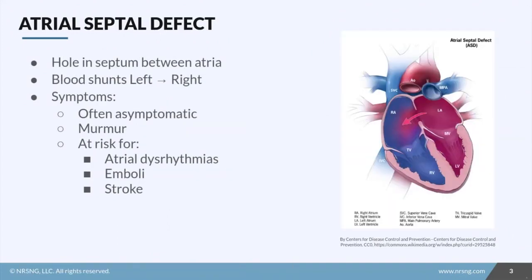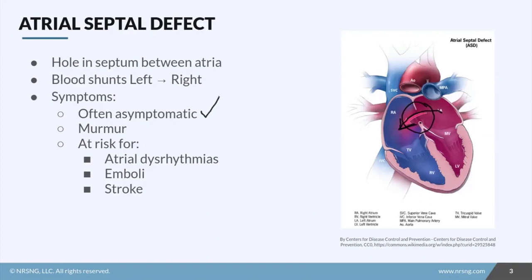The atrial septal defect, or ASD, is where there's a hole in the septum between the right and the left atrium, and you can see it there in the photo. And again, what's happening is you've got oxygenated blood shunting over to the right side and recirculating through the pulmonary system. A lot of times patients with an ASD are asymptomatic for a really long time. So you may have children who have an ASD and you don't ever know about it.